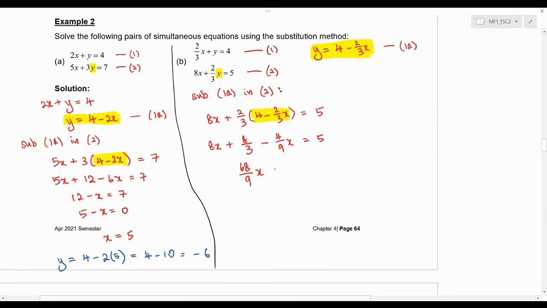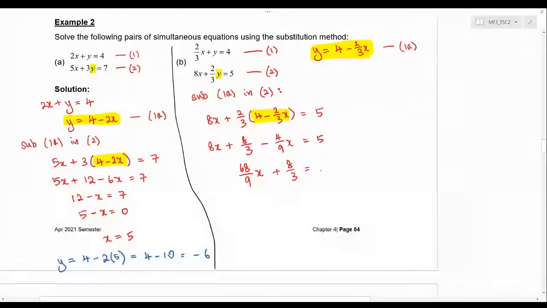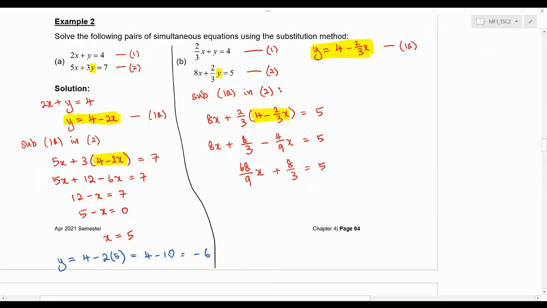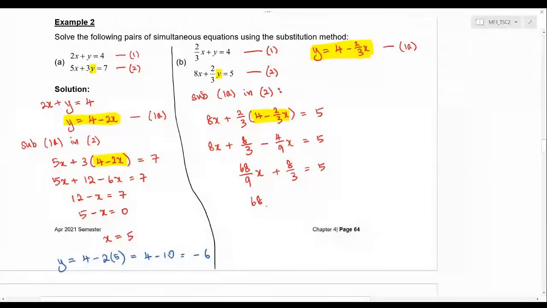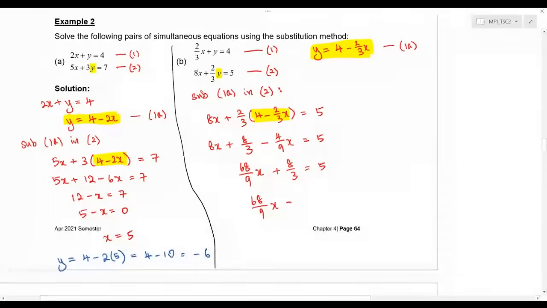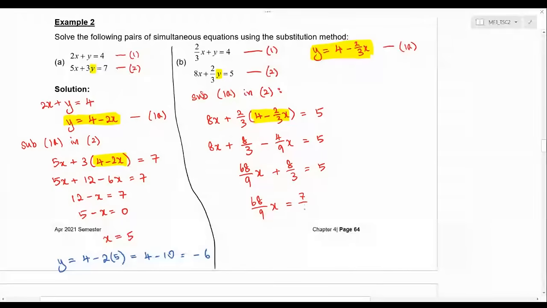Okay, and at the same time, I'll be left with 8 over 3, 5. So subtract both sides by 8 over 3, I'll end up with 68 over 9x. 5 minus 8 over 3, which means to say 2/3, right? I'll end up with 7 over 3.